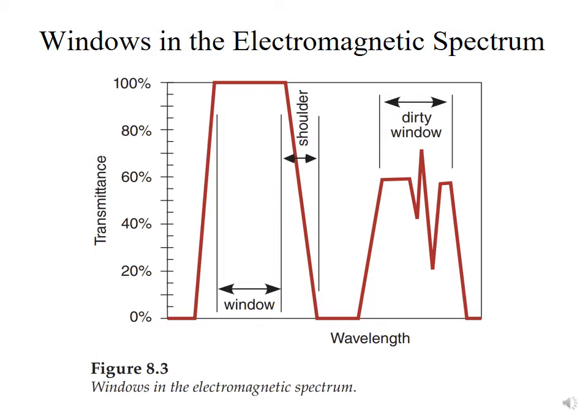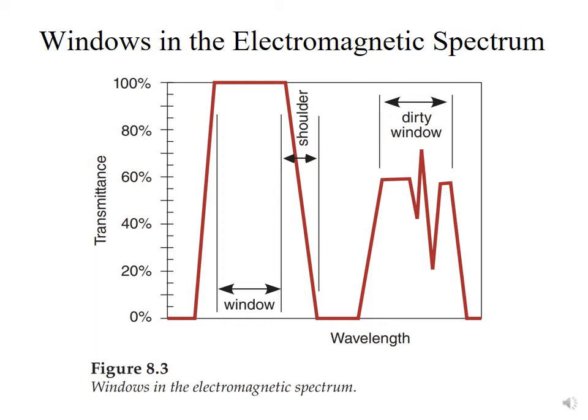The way we define this is we have a window when the transmittance is 100%. We have areas, of course, where the transmittance is equal to 0, and those are opaque regions. Those are not useful for remote sensing. And then we have a shoulder region where we have a dramatic change in the transmittance with wavelength.